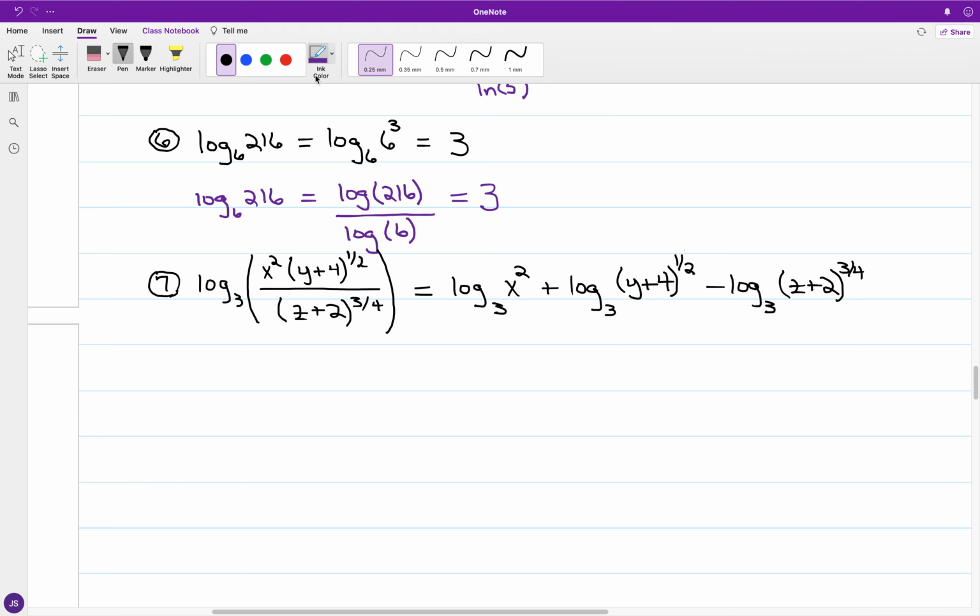And looking at taking what we have and expressing once again the powers as coefficients.